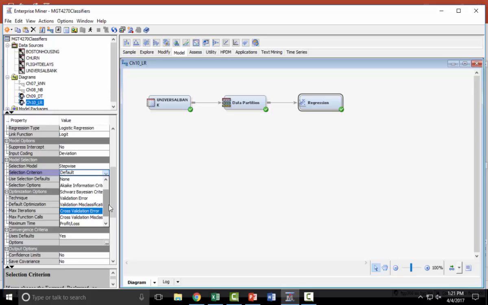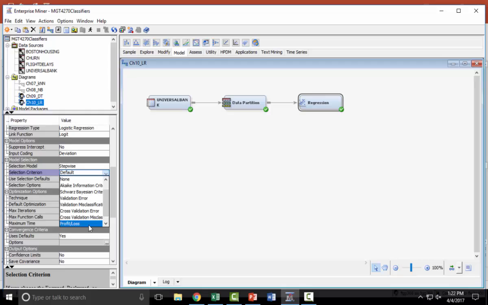So you divide the entire data set into 10% lots. You take the first 10% as validation and the rest of the 90% as training, you run it. And then you take the second 10% as validation, and the rest of the 90% as training, and run it again. This way, every observation gets to be in the training set as well as in the validation set. And then after that, you find the best. So that's what cross validation means.